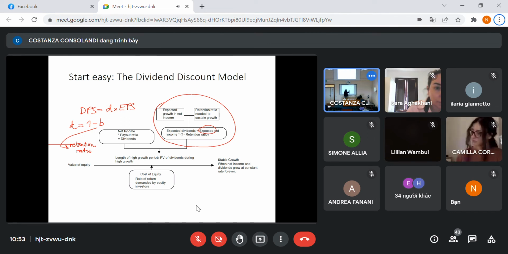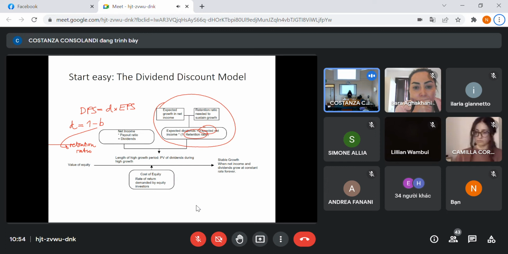Why do I work here not with the payout ratio, but with the retention ratio? This is a subtle distinction, subtle difference. You say, okay, you work with the retention ratio, 1 minus retention ratio is D, it's the same thing. Nope, it is not the same thing.